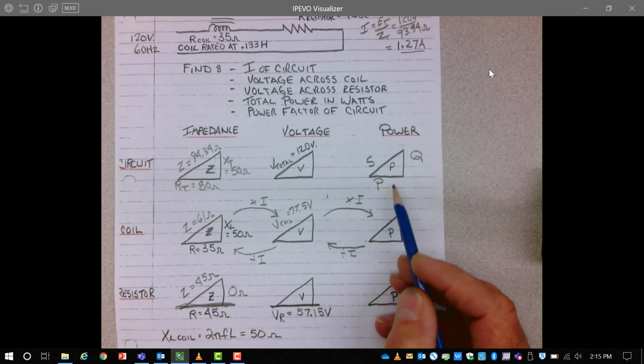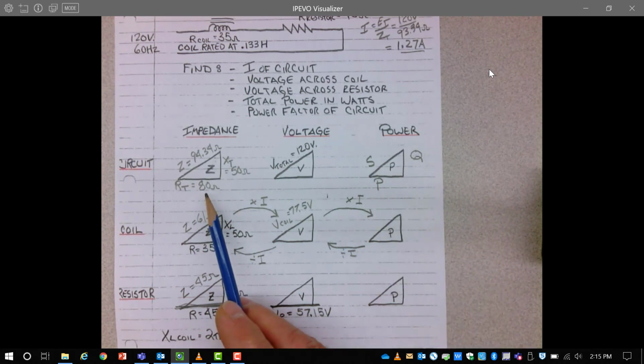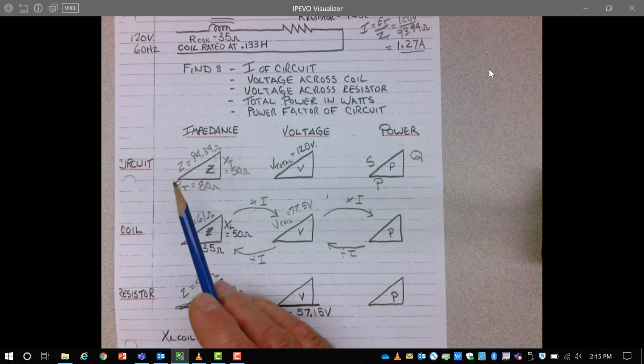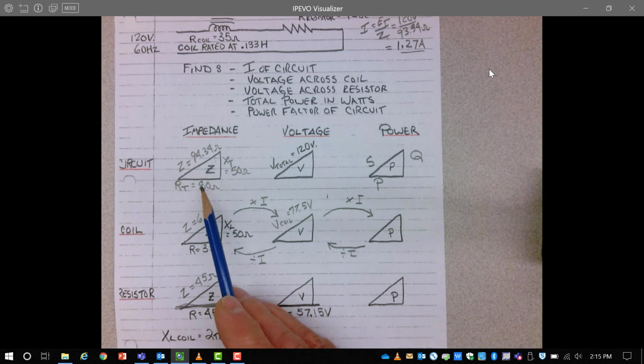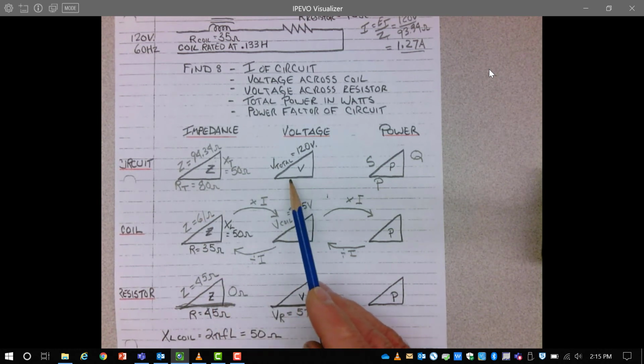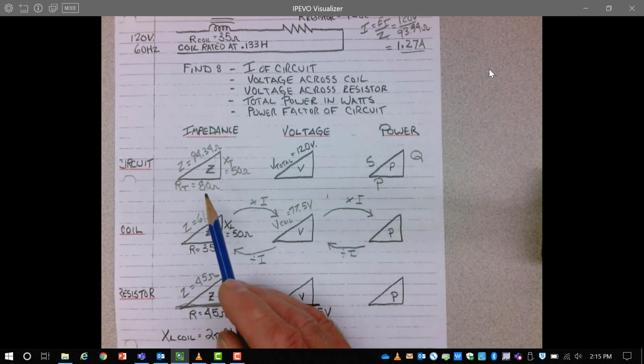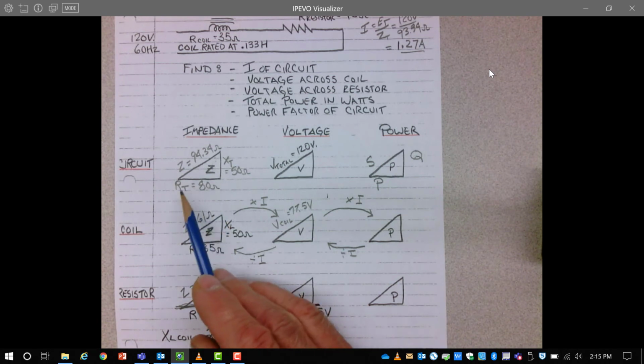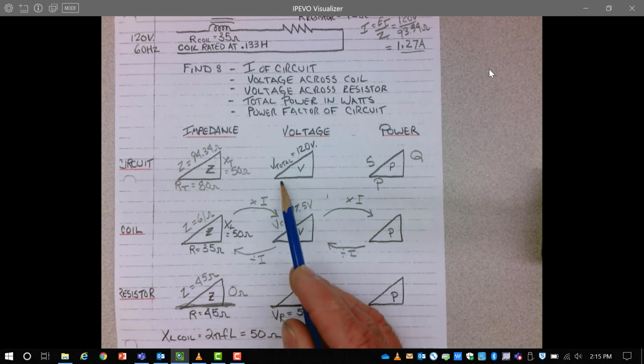to find that value, again, if we go back to the impedance triangle, this is the total resistance. It's on the horizontal. It relates directly to the resistive voltage of the circuit and to the true power of the circuit. I can take the total resistance of the circuit, multiply by the current to find the resistive voltage of the circuit.